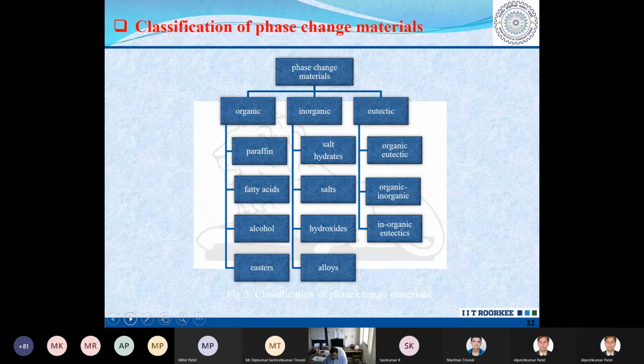So in that case, people have mostly used paraffin, and salt hydrates, and also organic materials. And nowadays people are working to develop nanoparticle materials to compromise between charging, discharging, heat capacity, and the cost also.